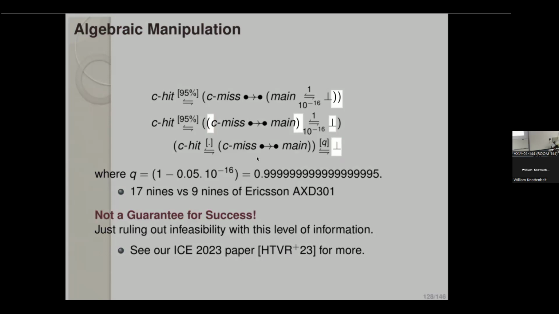Using the formula that we have proved, we can then work out this failure rate Q to be this number with 17 nines. You can compare that with the 9 nines of Ericsson that they show off all the time.